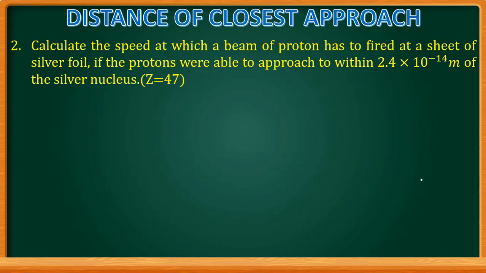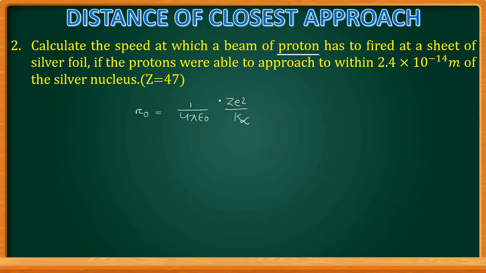Calculate the speed at which a beam of proton has to be fired at a sheet of silver foil if the protons are able to approach to within 2.4 into 10 to the power minus 14 meter of the silver nucleus. Here Z is given 47. Then the formula for distance of closest approach is, as you know, R naught equal to 1 by 4 pi epsilon naught Ze square upon K alpha.